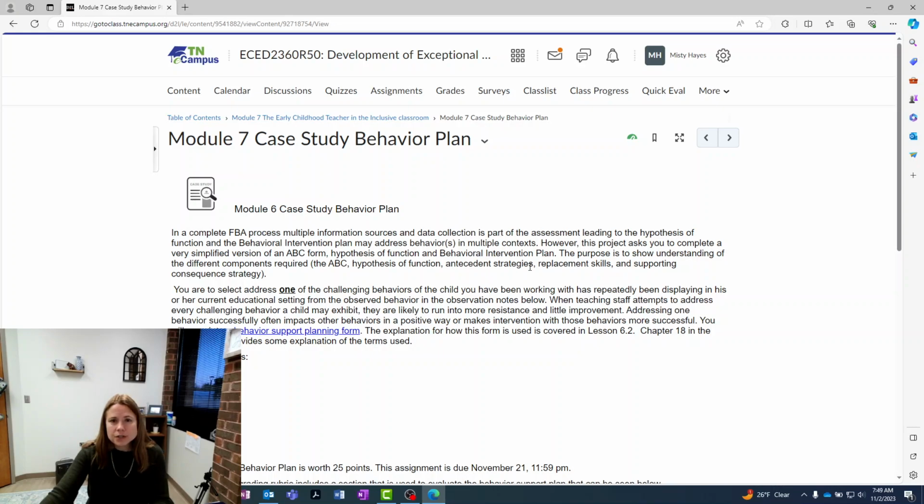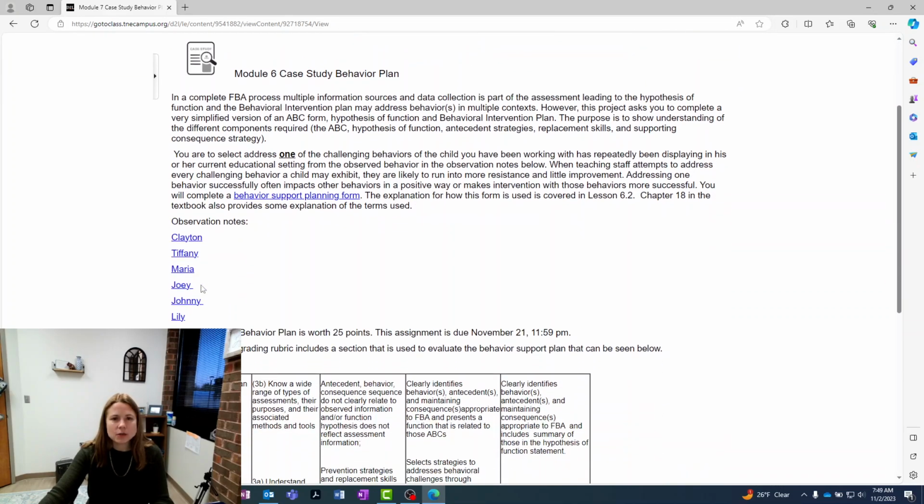What are the triggers and how are we going to address those? What strategies do we use? What are the replacement skills? How am I replacing that behavior with something else? And then what kind of supports can I put in place for that child to have a consequence in place? Remember, we want to be positive. We already talked a lot about behavior and went over those things, right? So you're going to have to complete this behavior planning form.